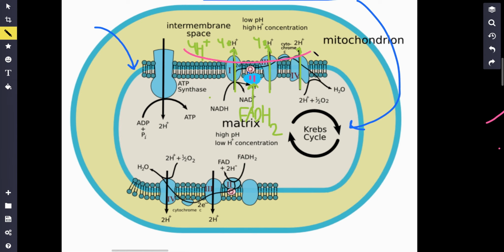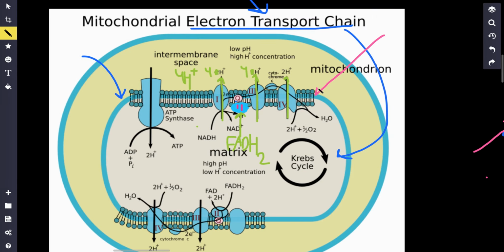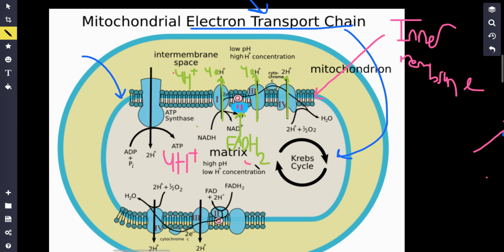They're all concentrated in here, so they want to find a way through this inner membrane, because they want to diffuse and restore balance. So how can I go from protons in the intermembrane space to protons in the matrix?